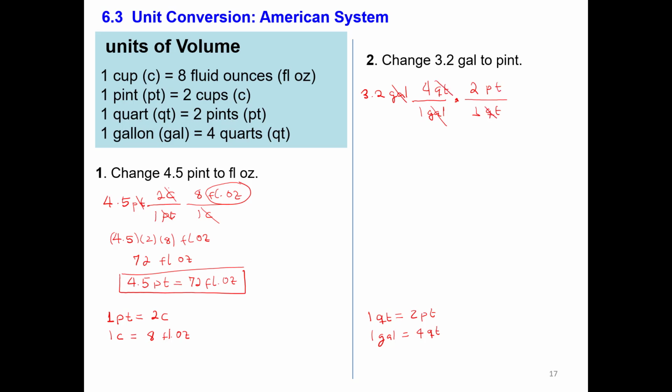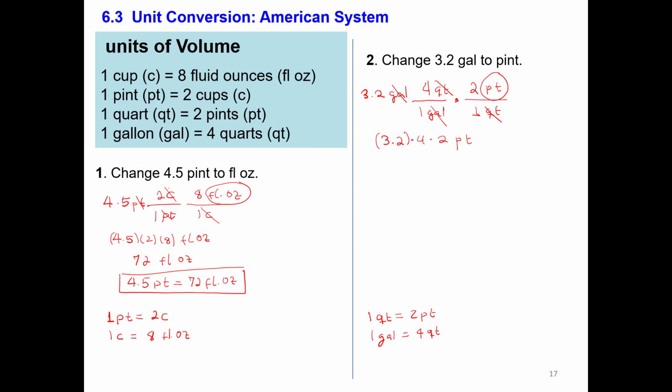The quart cancels out. Now let's multiply what we have on top: 3.2 times 4 times 2 pints. We have 1 times 1 is 1, so we don't need to write that.